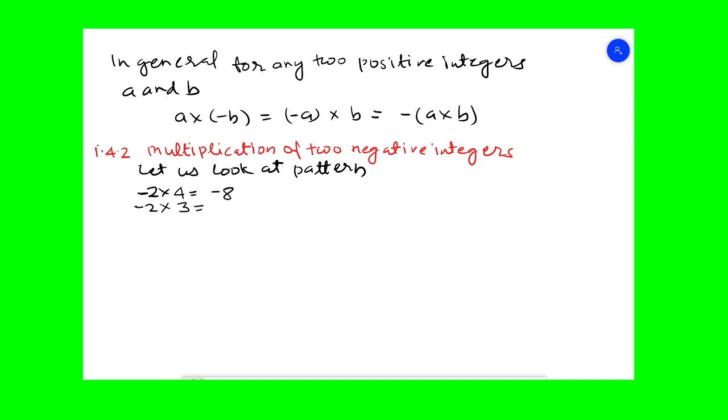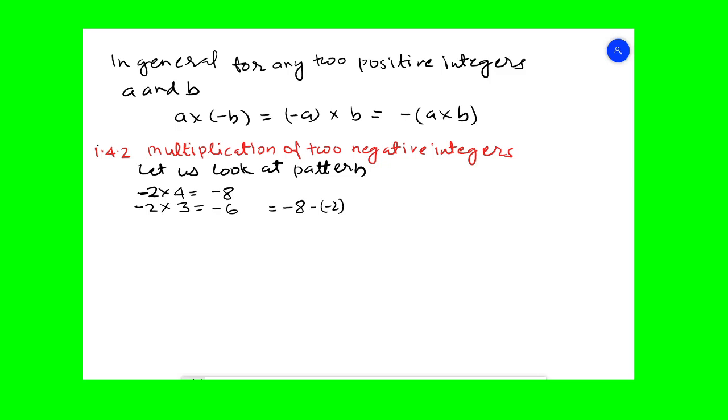So minus 2 multiplied by 3 equals minus 6. Just look at the pattern I am making here. This we can write as minus 8 minus minus 2. The earlier figure was minus 8 and this has come as minus 6. So I am putting minus 8 minus minus 2.